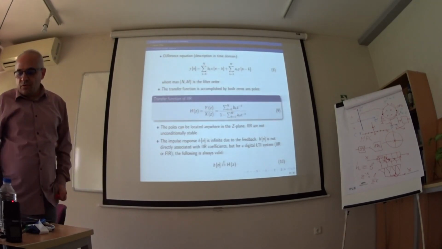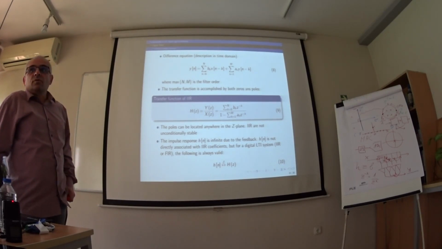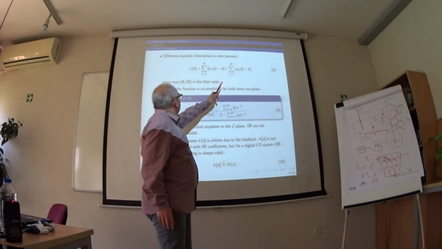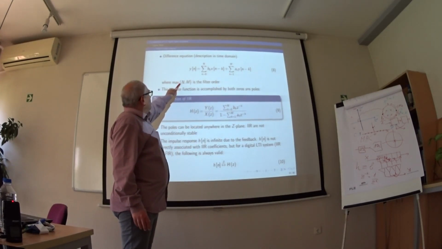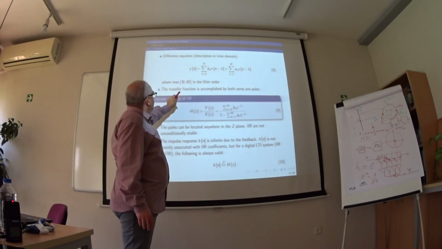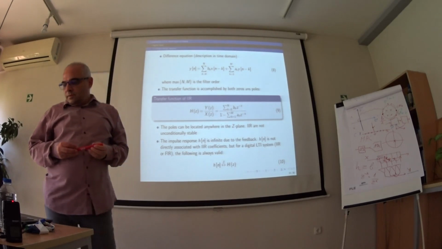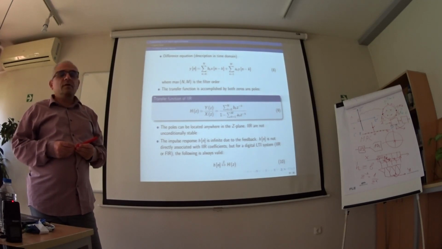The difference equation accounts not only for the input signal, but also previous values of the output signal. Here is the feedback. The order is the maximum of N and M. And in such filters, we have a transfer function which is composed not only of zeros like FIR.